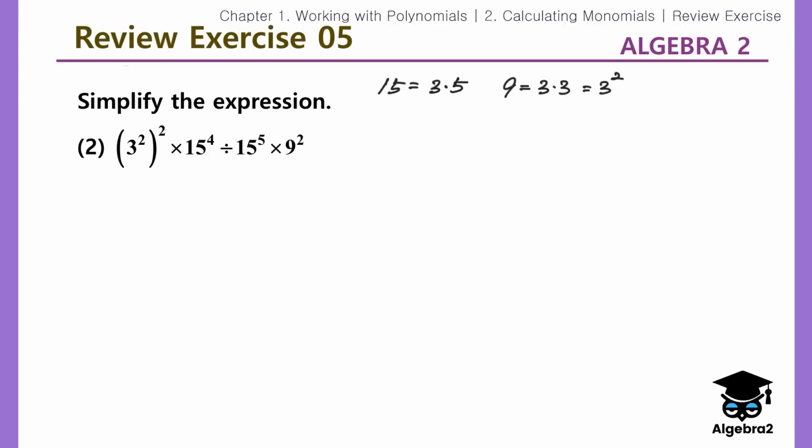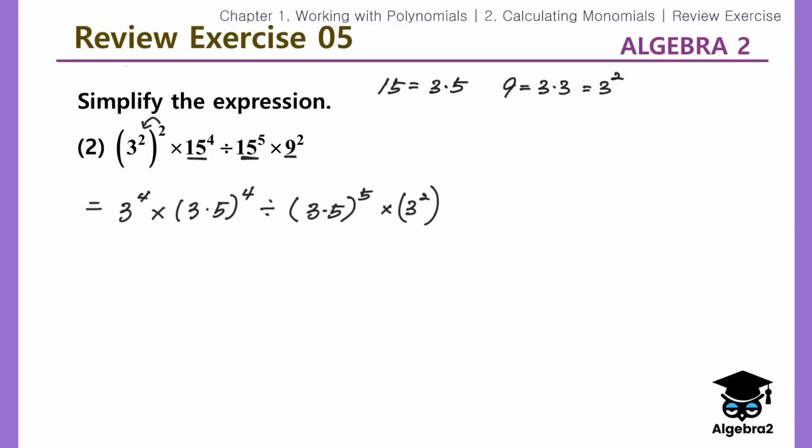So let's simplify this. So number 2 is equal to 2 times 2, that's 3 to the power of 4, times 15 is 3 times 5. So we're going to use a parenthesis. 3 times 5 to the power of 4 divided by, again, 15, 3 times 5 to the power of 5. 9, that's 3 squared, and we have a square, right?